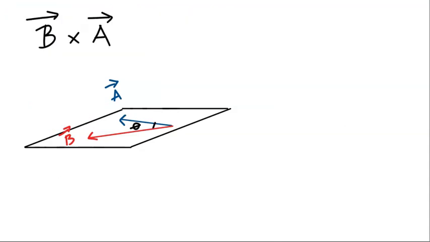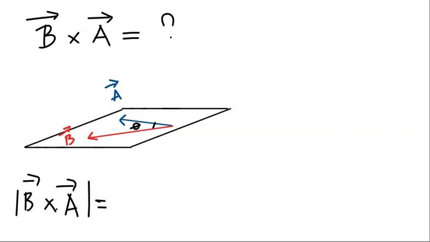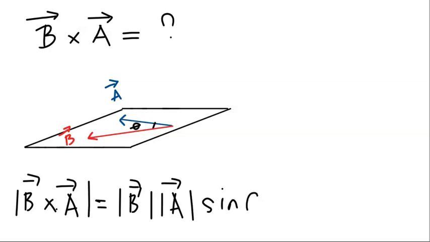What happens if you reverse the order of the vectors in the vector product? So now we take b cross a. What is the answer to b cross a? The magnitude of b cross a can be shown to be the same as a cross b, because b cross a is given by the magnitude of b times the magnitude of a times sine of the angle between them.